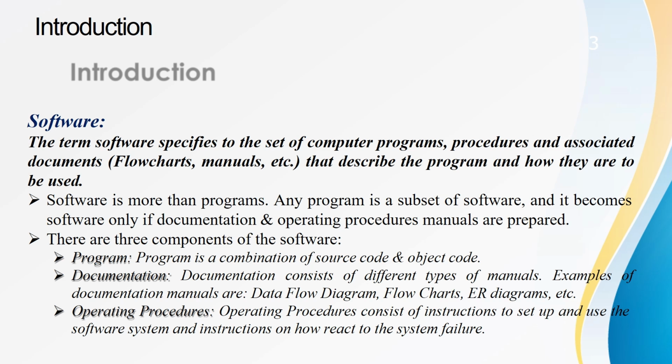The next one is the operating procedure. It is step by step instructions which has to be given to the system, and the system has to respond. All those operating procedures are given in that document. So these are the components of software.